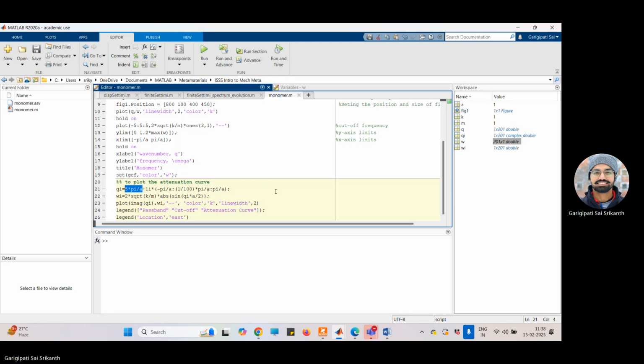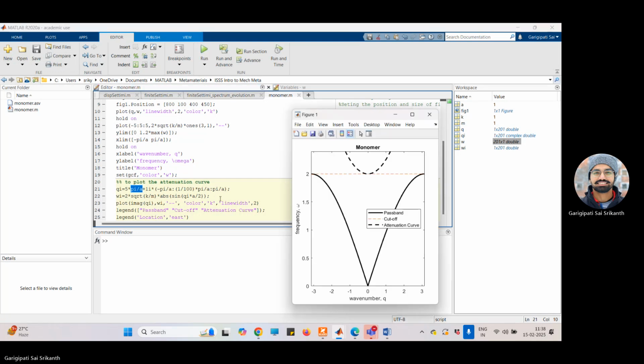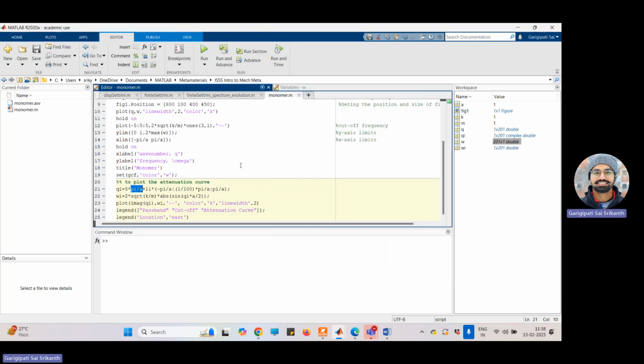But that periodicity exists in the real axis of the wave number. And since we are messing with the real axis of the wave number, whatever result we got for pi by a, we are getting for minus pi by a. See, again, it matches. This is how it should be.